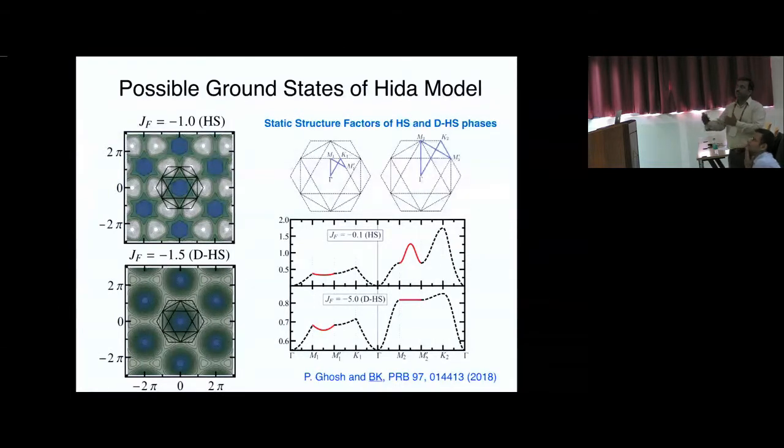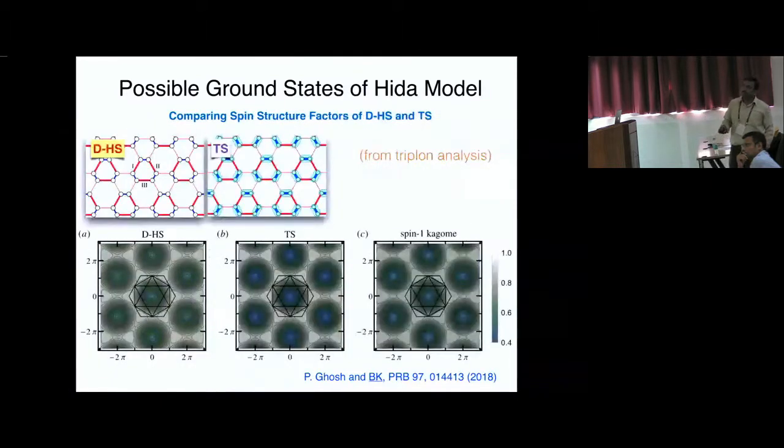You will see that this is for the HS, this is for the dimerized case, where the intensity peaks or the maximum-minimum difference is completely reversed. So you will automatically have a feeling for whether the system is actually in the HS phase or in the DHS phase, depending upon how the neutron diffraction intensity varies along these two cuts. So that is one simple way, because otherwise there is no obvious way of distinguishing between all these non-magnetic singlet states.